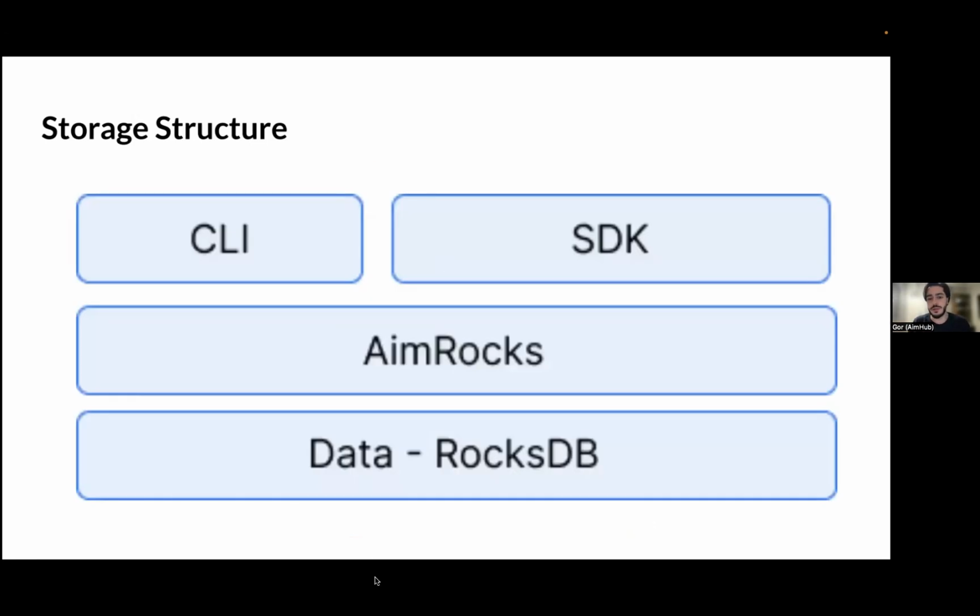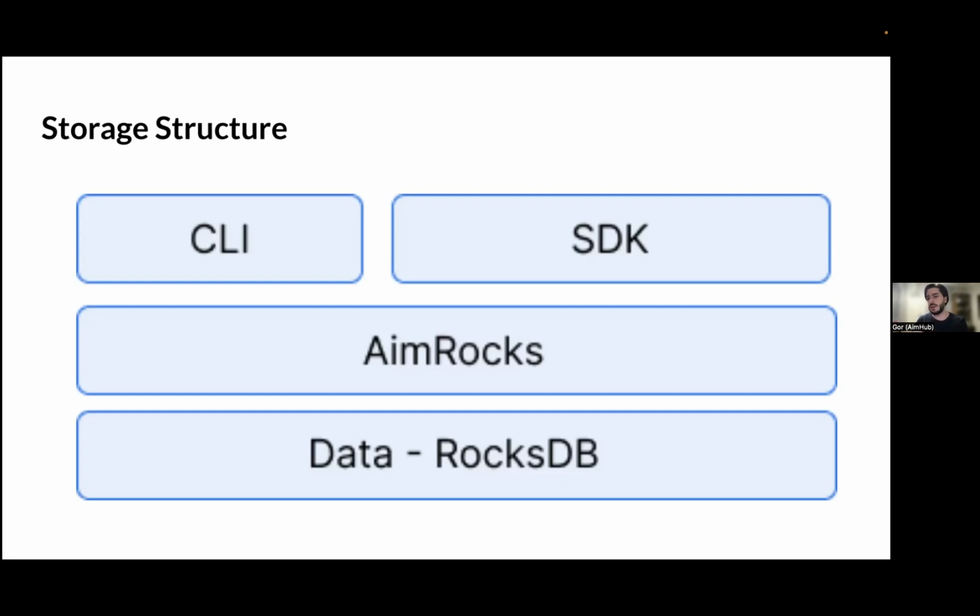The overall structure looks something like this. On the bottom level is the RocksDB, which holds the data. On top of RocksDB is AimRocks, which is a Python wrapper for RocksDB. And on top of that is AIM storage, which can have multiple AimRocks databases located at the .aim repo.